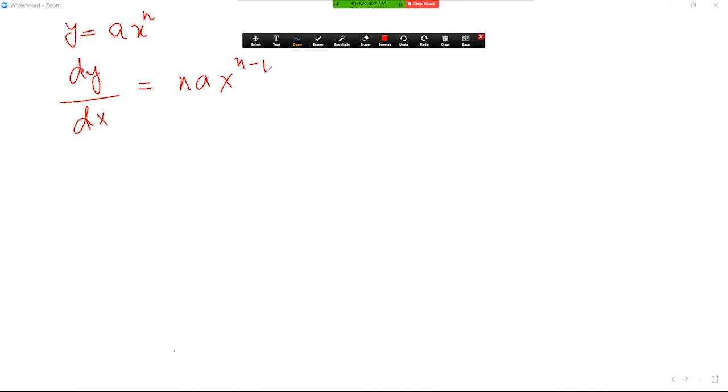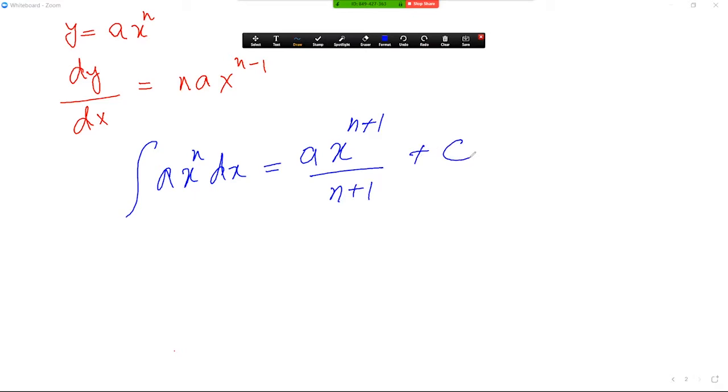In fact, integration is the opposite of it. So if it's the integral of a x^n dx, the answer is a x^(n+1) over n+1 plus a constant. Do you know this formula? Yes.